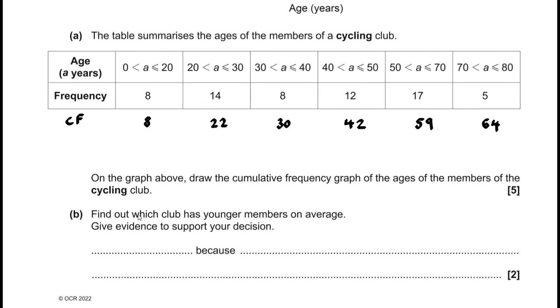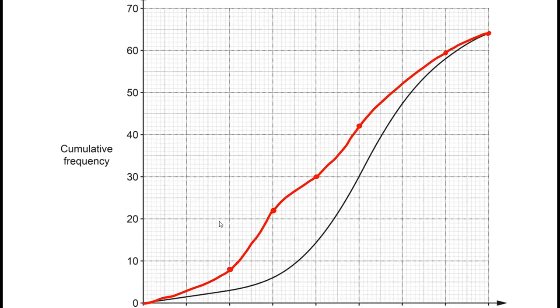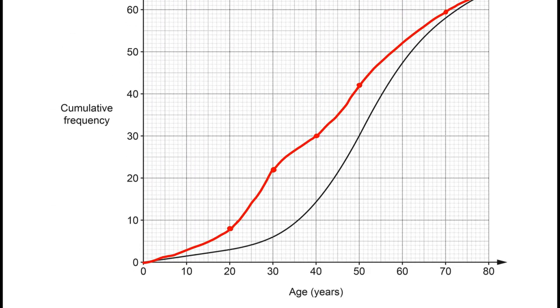And for part B, we have to find out which club has younger members on average. Give evidence to support your decision. Well, what we can do is use the median as an average. Half of the 64 is 32, so if I draw a line across from 32 like so, then we can draw lines down. If I draw a line down here, we have 42.